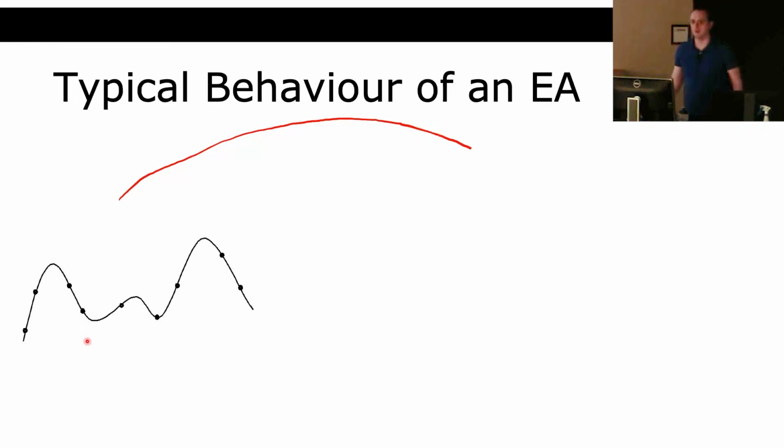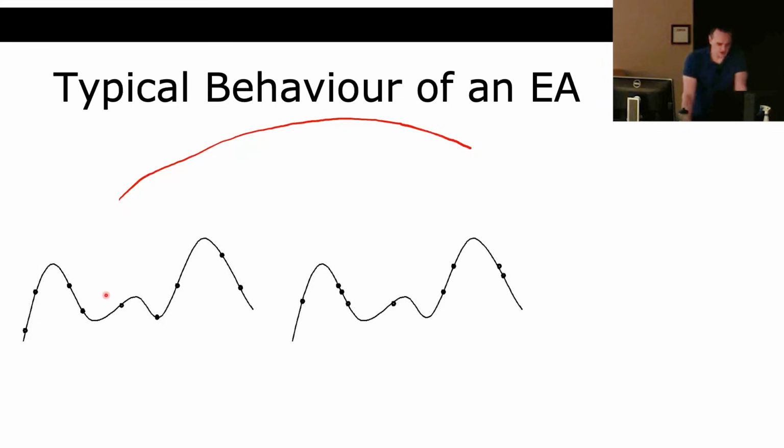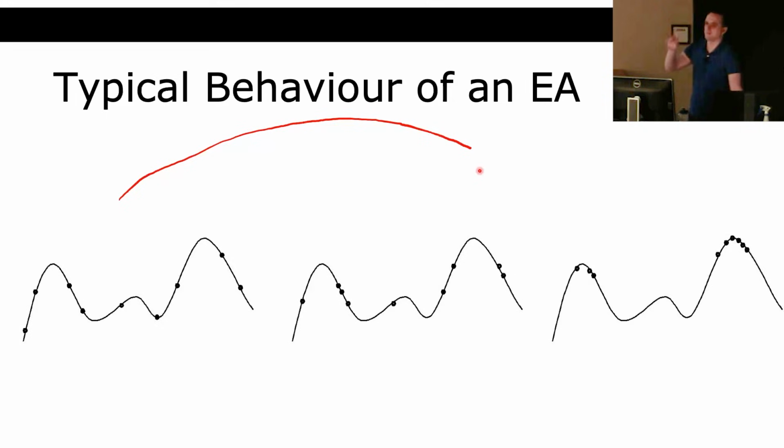Over time, an evolutionary algorithm is going to take those and move them toward the optima. So we're going to see, okay, this one started climbing, this one started climbing here, these started going up, and so we see this, and then we see this. But a lot of the time, we're going to have a bunch of local maxima that are not the global maximum, and our solutions can get stuck there, okay?